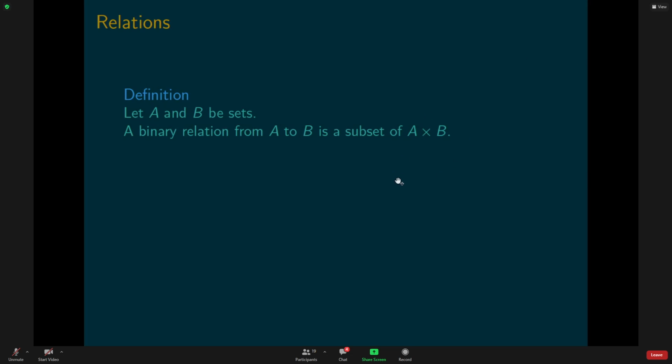Now, what is a relation? Let's say we have 2 sets A and B. A binary relation from A to B is a subset of the Cartesian product. So it's just a set of ordered pairs, right?